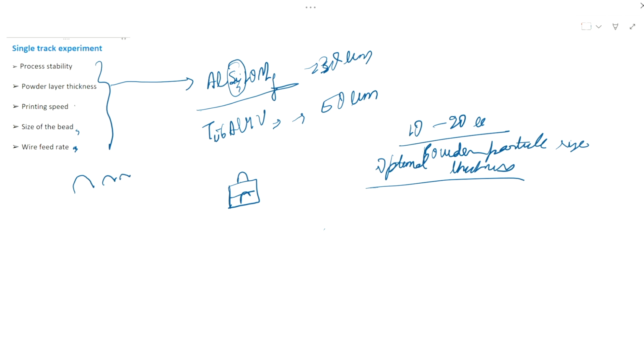The printing speed we can initially keep low, then gradually increase, and finally take it to a maximum level. All of this is required for the perfect finishing of the specimen as well as the mechanical properties.